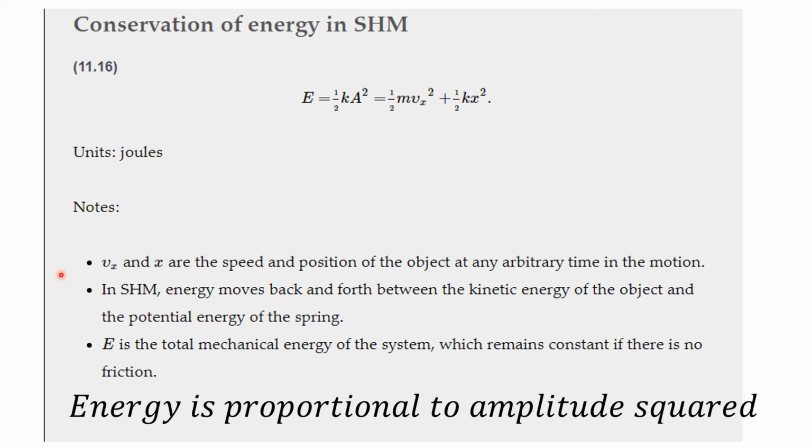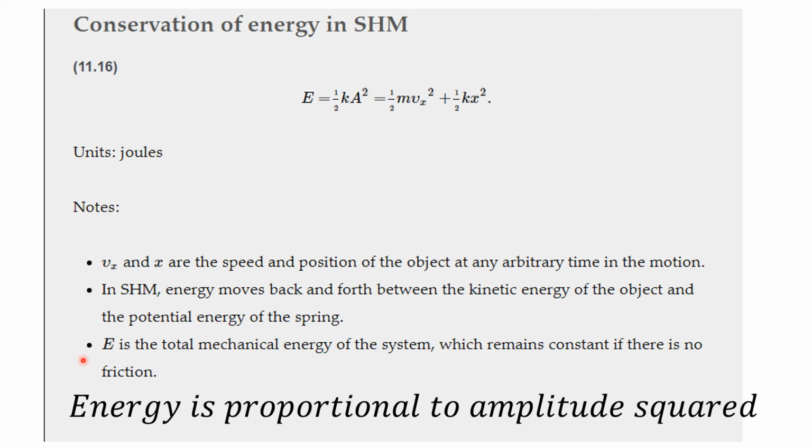Here are some notes. Vx and x are the speed and position of the object at any arbitrary time in the motion. In simple harmonic motion, energy moves back and forth between the kinetic energy of the object and the potential energy of the spring.